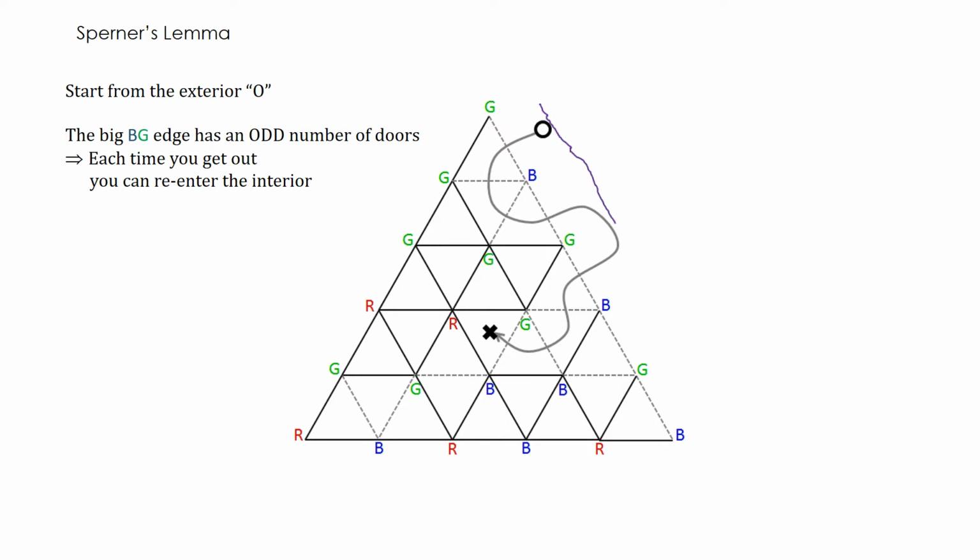Now, since we know that there are an odd number of doors connecting the outside with the inside, and we can use each door only once, if we start from the outside, we will always land up in the interior of the triangle, because each time you step inside, there is an even number of doors remaining, and so you can get out again unless there are 0 doors, and each time you're outside, there are an odd number of doors remaining, so you can always get back inside.